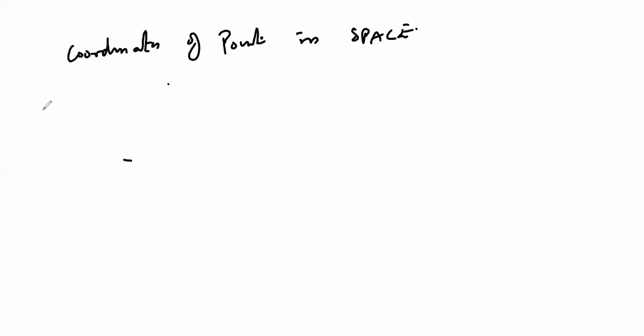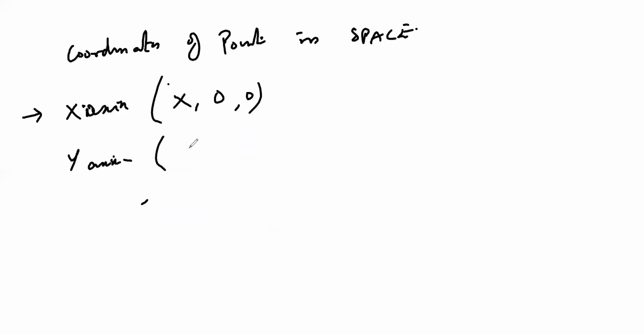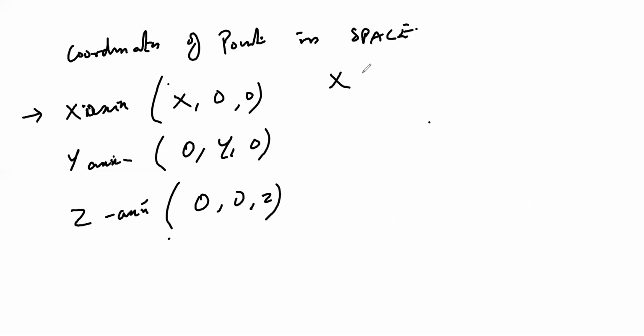Correct. So if I just take X-axis here, the coordinates are X, 0, 0. Y-axis, 0, Y, 0. Z-axis, 0, 0, Z. If I take XY plane, it will be X, Y, 0.